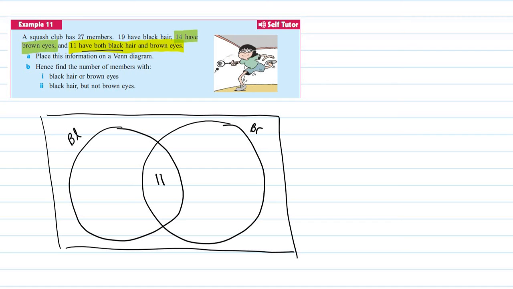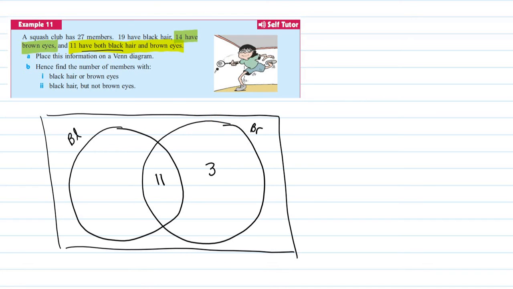So that means that in order to find the number of people who only have brown eyes and not black hair also, we would take that 14 and subtract 11 from it. And that tells us that 3 people are here in this area where they only have brown eyes. But if we took this whole circle, how many people are in it? 14 people are in it total.